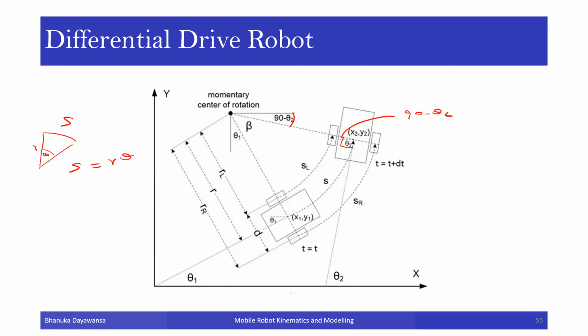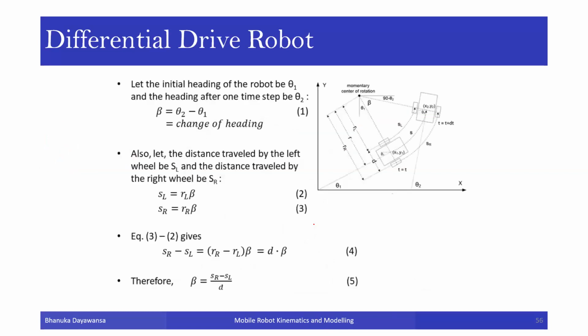I go to the next slide. Now SL you can get, right? SL is given by RL times this angle, which is beta. SR is RR times beta.